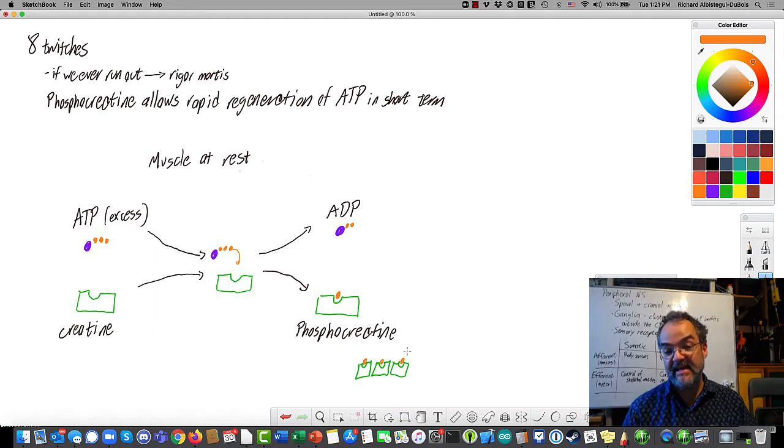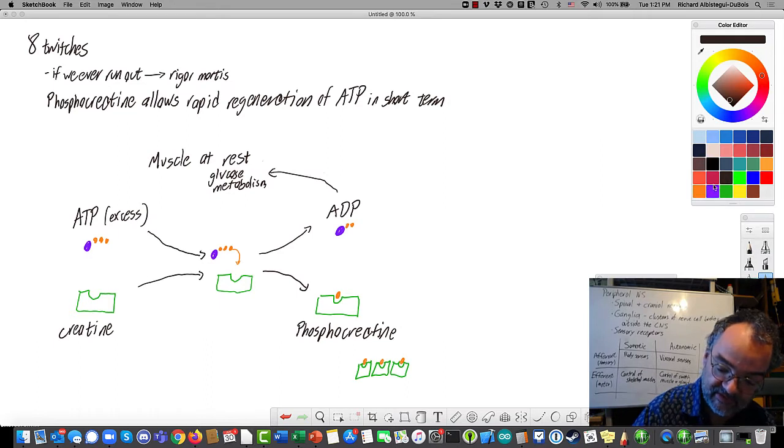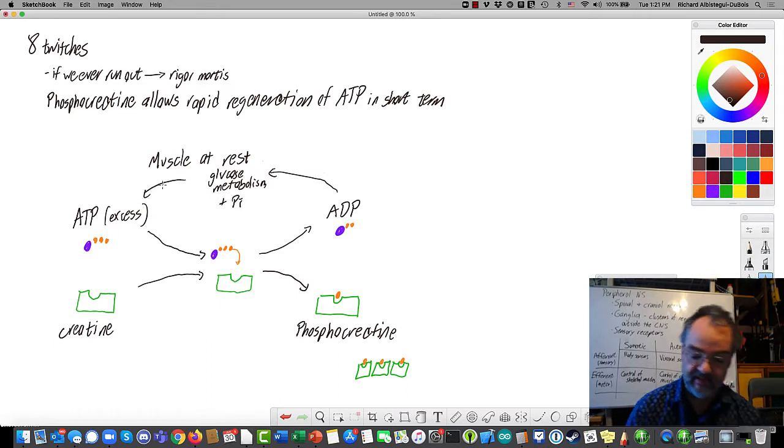Now that ADP, if we've got other phosphate around, we can take that and run it back through glucose metabolism. Combine it with another phosphate and make some more ATP. This is slow though.